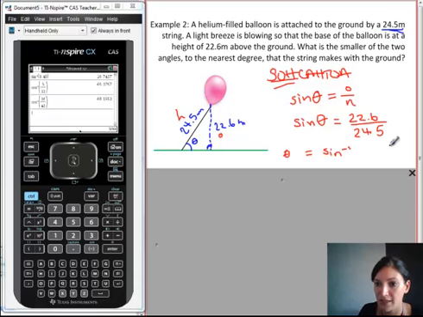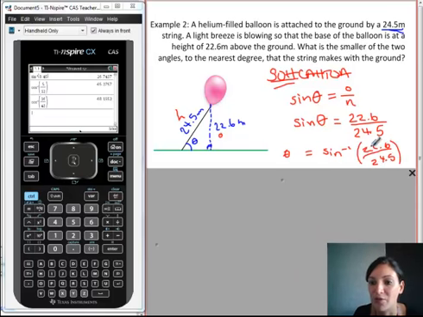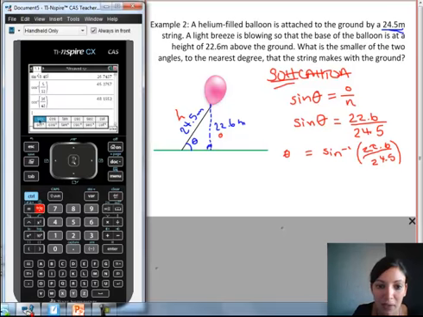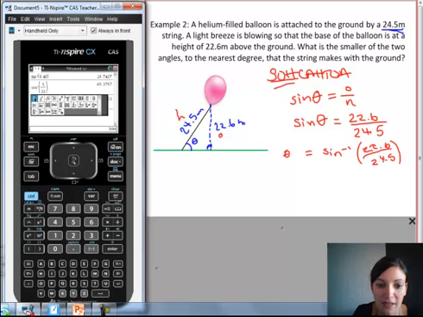of 22.6 over 24.5. Sorry, that's looking a bit messy. 22.6 over 24.5. Okay, let's put that into the calculator. So trig functions, inverse sine, I'm going to put it in as a fraction. 22.6 over 24.5.